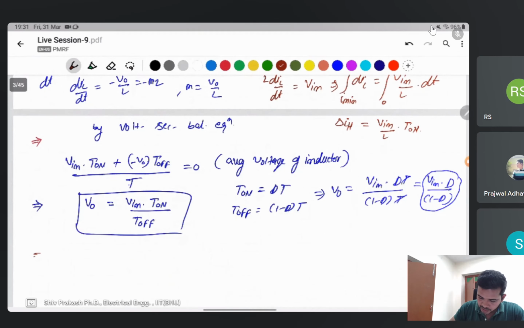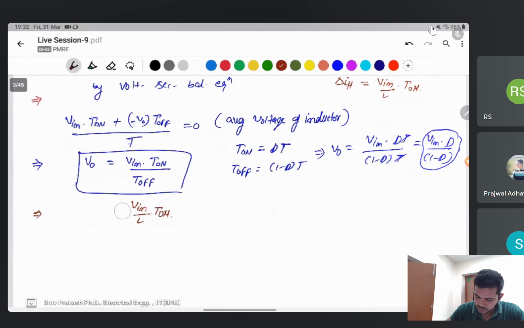You find the two equations, V output and delta IL. So now written here. In this equation, you can write V output divided by V in is equal to T on divided by T off.